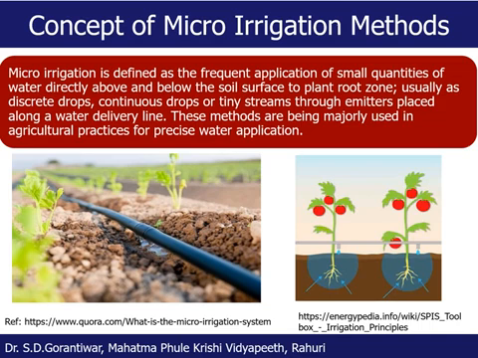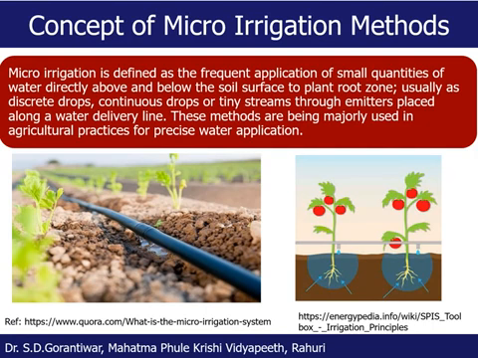In this way I can apply water frequently, in a desired amount, precisely into the root zone. Therefore we can maintain the water content in the root zone near the field capacity or in the desired range, all the time at the desired level.